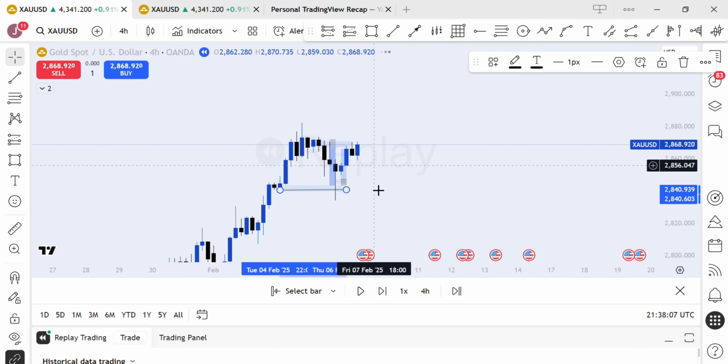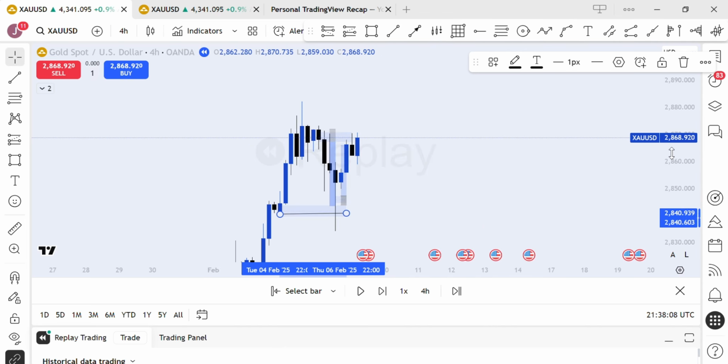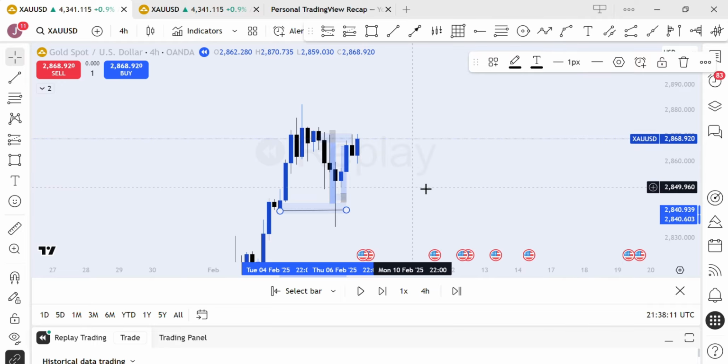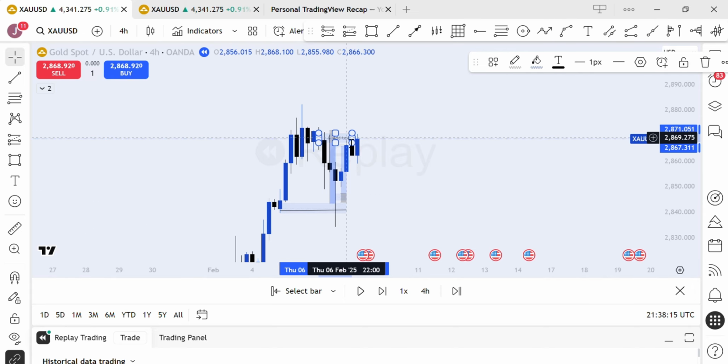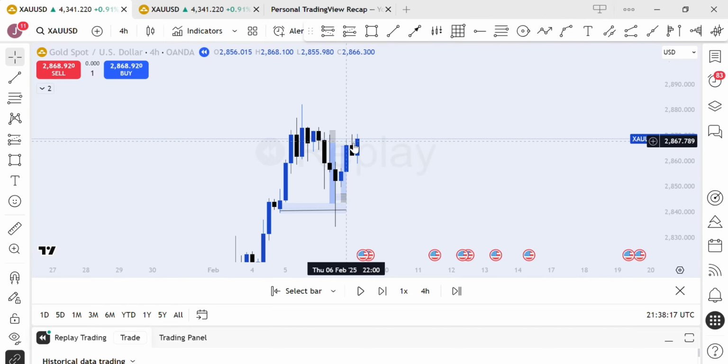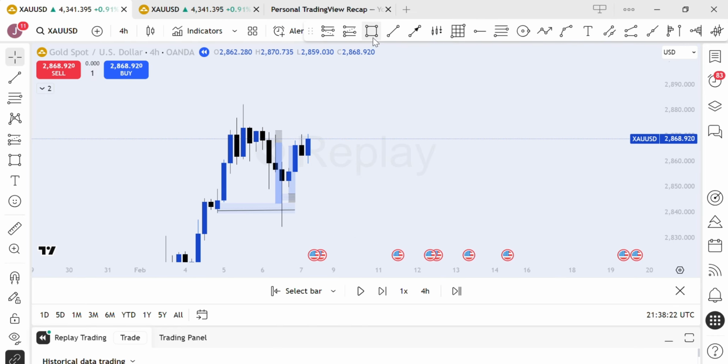So on the 4 hour, since we are looking for a buy side bias, I would delete this other block. It has even been used already. So we will see what price will do. Let's see if price can come back and kind of respect this block.